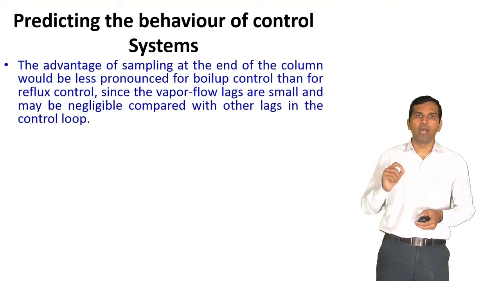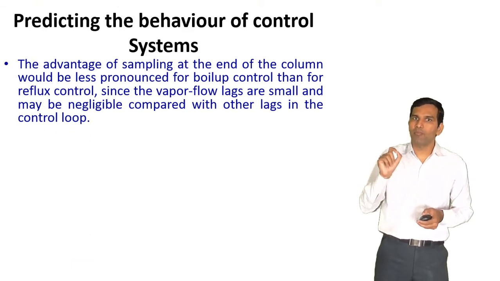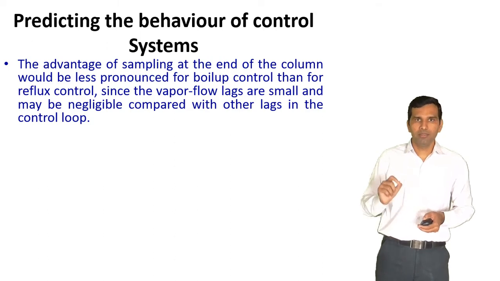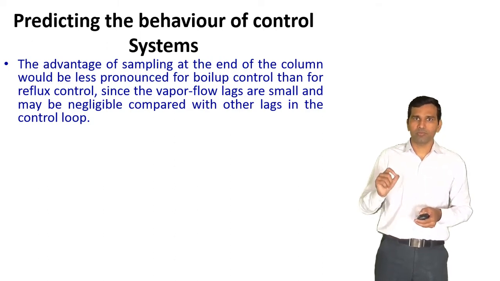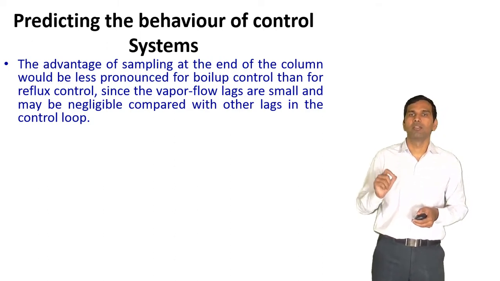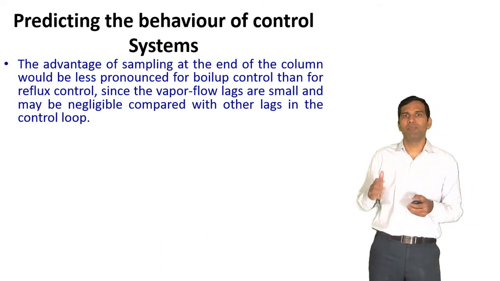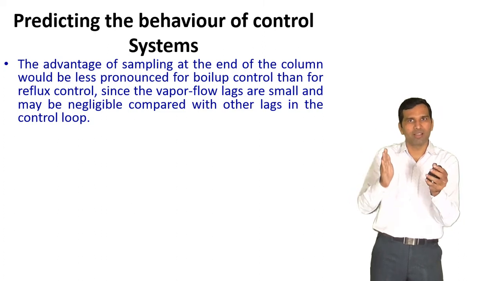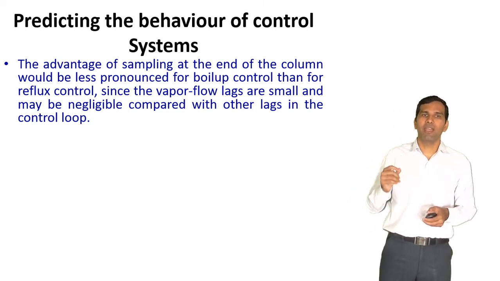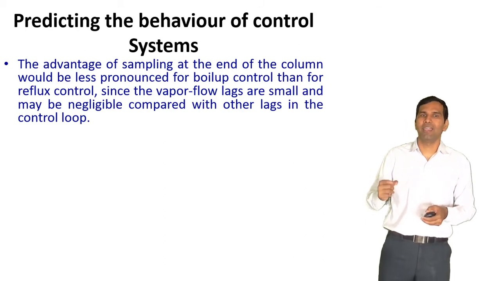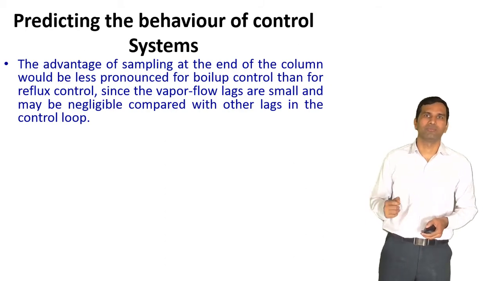So the advantage of sampling at the end of the column would be less pronounced for the boilup control than for the reflux control, since the vapor flow lags are smaller and may be negligible compared with the other lags in the control.